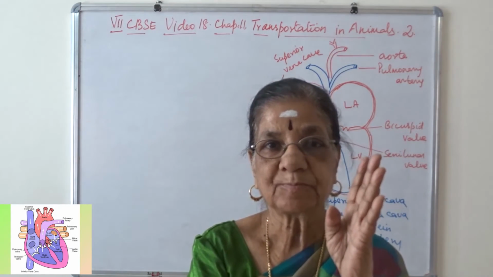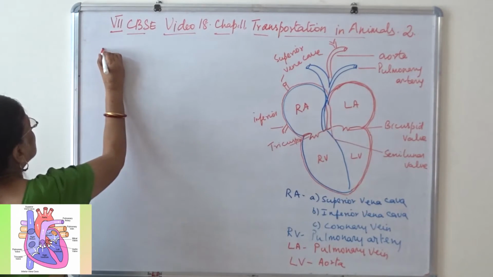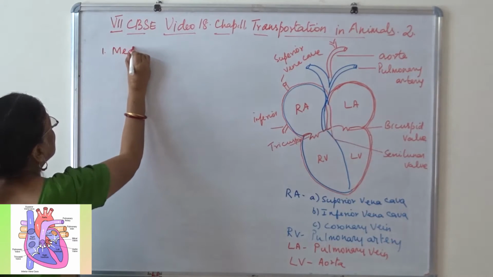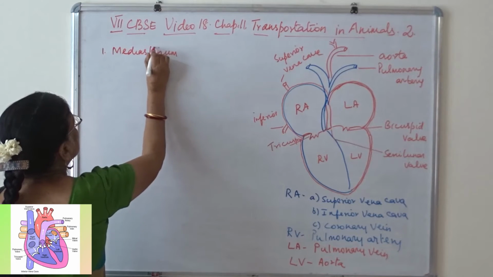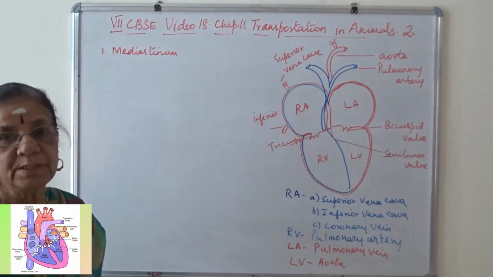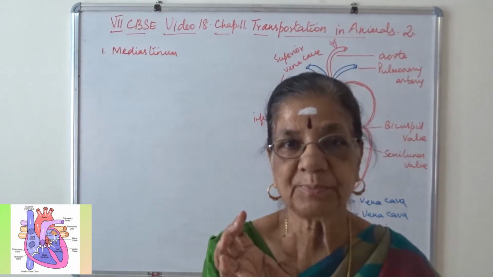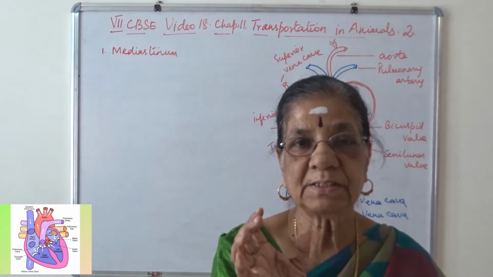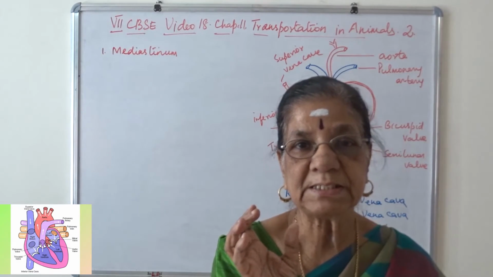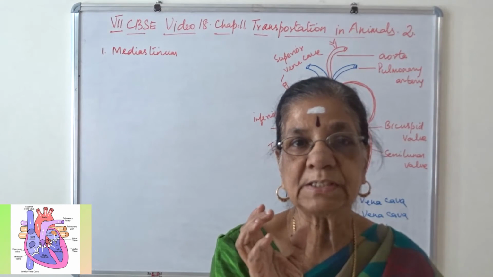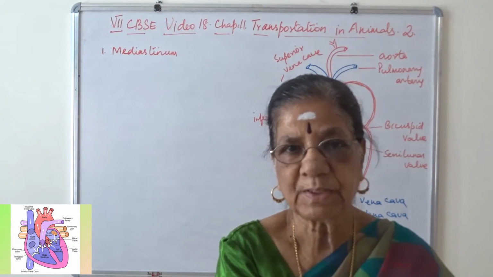I hope you understand. Now the heart is present in the space called mediastinum. What does it mean? Inside the rib cage. We have learnt about the human skeleton and the rib cage in 6th standard body movements. There are 12 pairs of ribs.